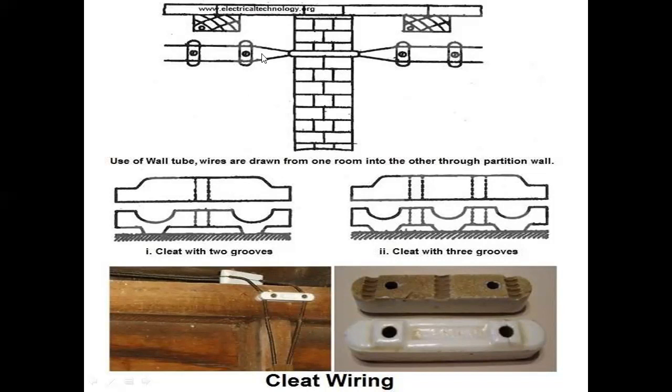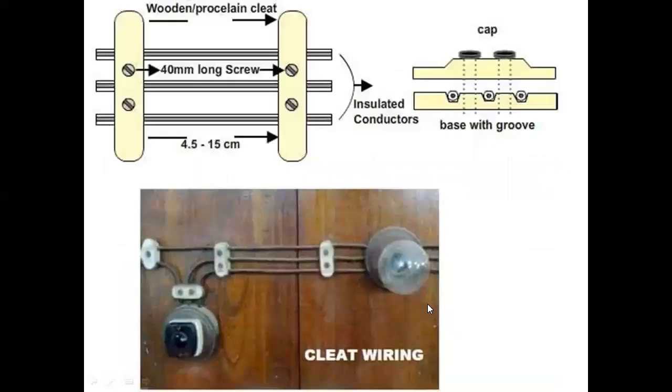Here also you can see these two are the cable wires and these are the cleats. We are just fixing the wires using the cleats. Here also you can easily see the cleats, but the cable is open.